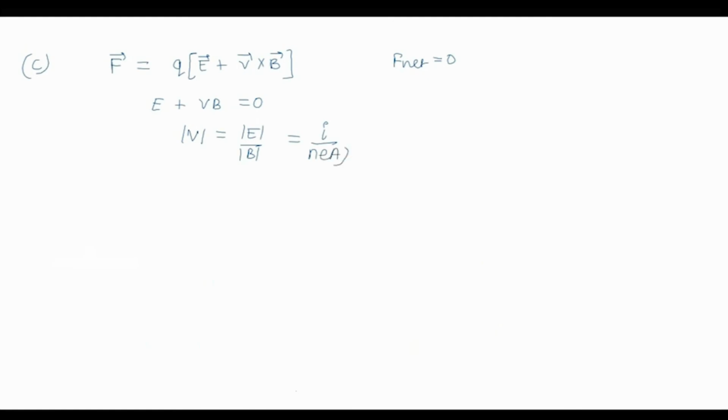So the value of the electric field that must be developed is IB upon nEA. So this is going to be the value of the transverse electric field that will be created in order to prevent further accumulation of electrons.